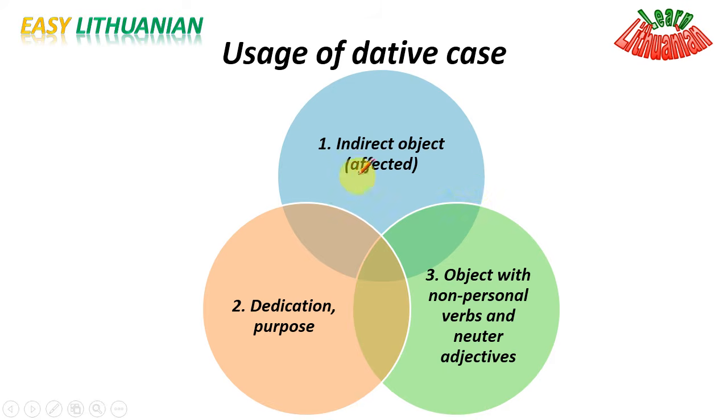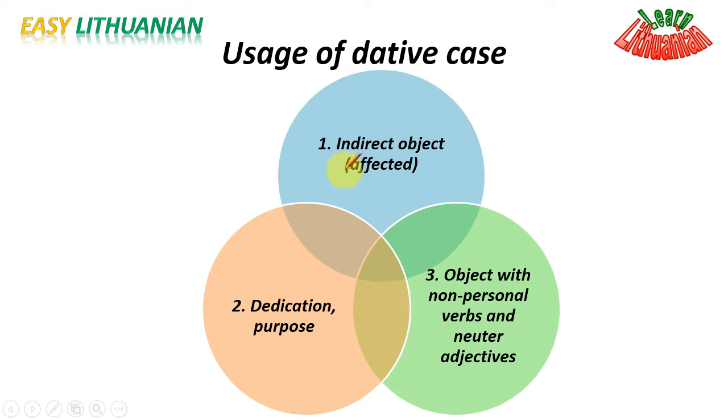It means that you use dative case with certain verbs, like to forgive, to thank for, to give something to someone, to sell something to someone, to seem like someone, to look like someone, to call someone.